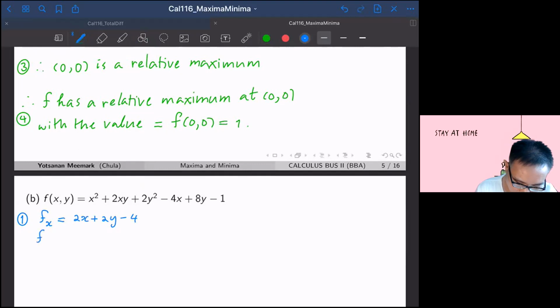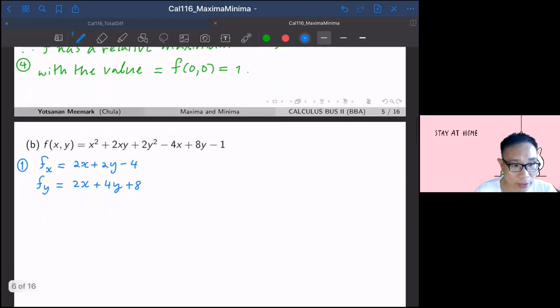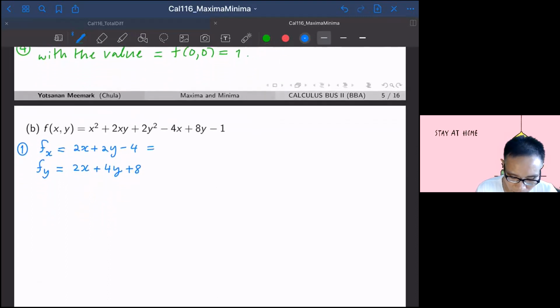And you have fy equal to 2x plus 4y plus 8. Okay, so set each of these equal to 0.